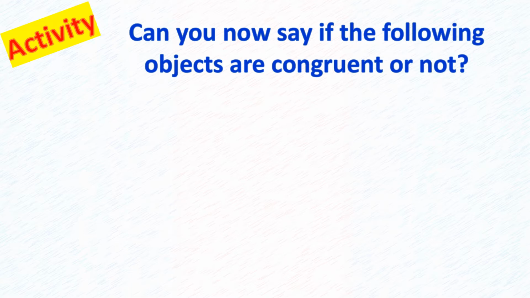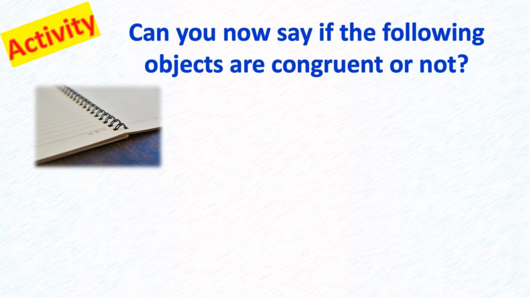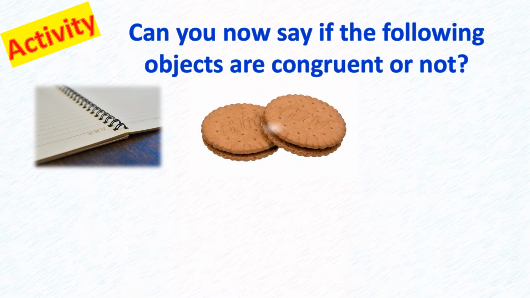So the first image is this: the pages of your notebook or letter pad or book, are they congruent? Think. The second question for you is these cookies, or you can say the cream biscuits, are they congruent?